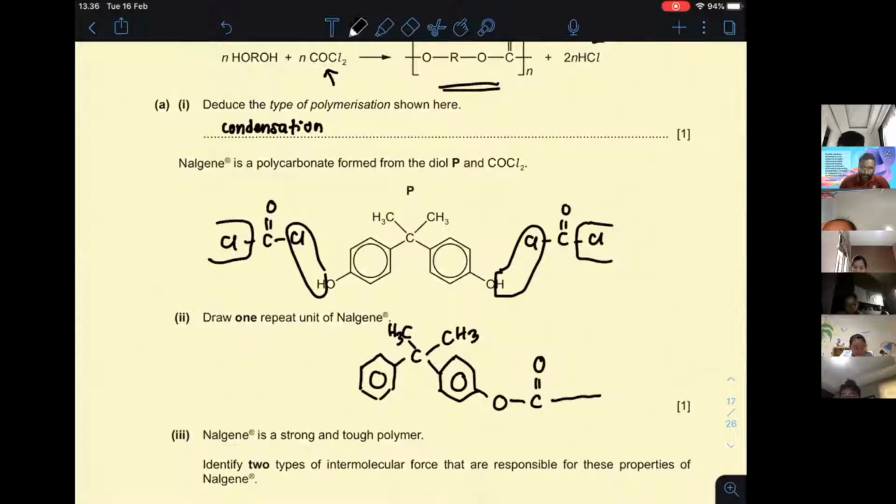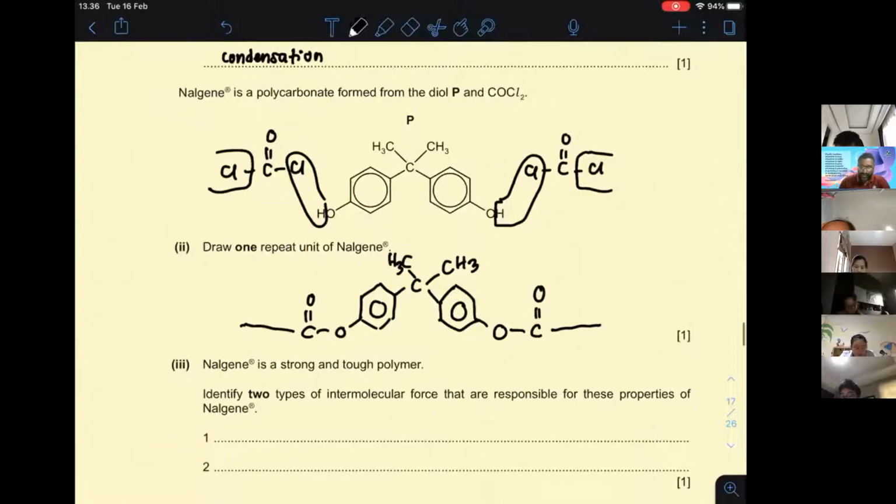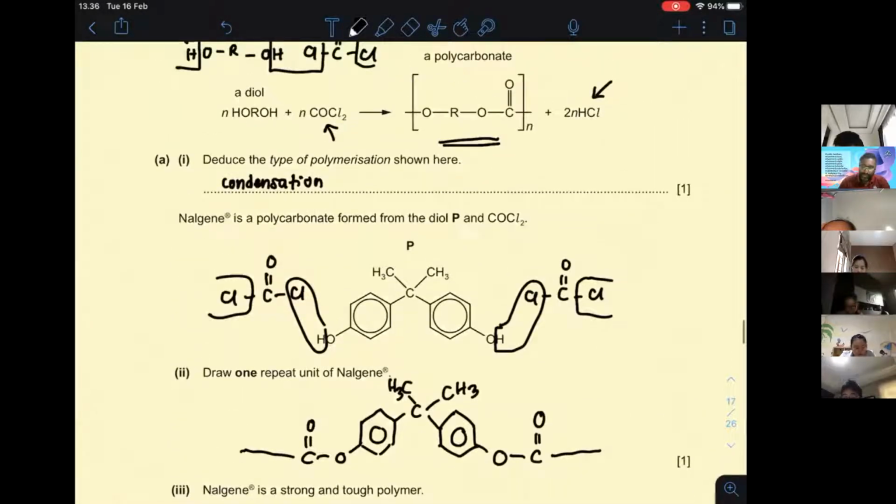Here at this side, there is supposed to be O connected also with C double bond O, then another part. But when you want to draw one repeat unit, it is better to look at this structure here. This is one repeat unit. You see carbon double bond O and another O. So this was similar to that, and it ended from R with O.